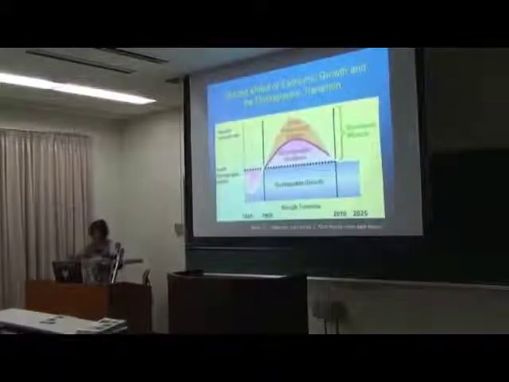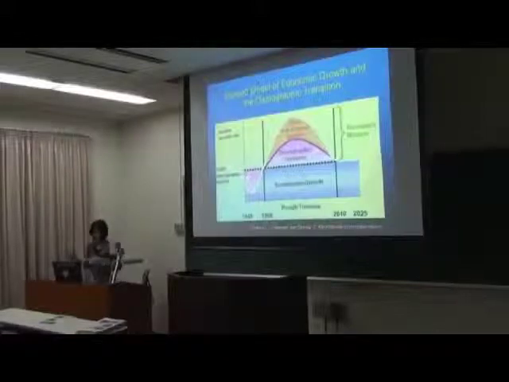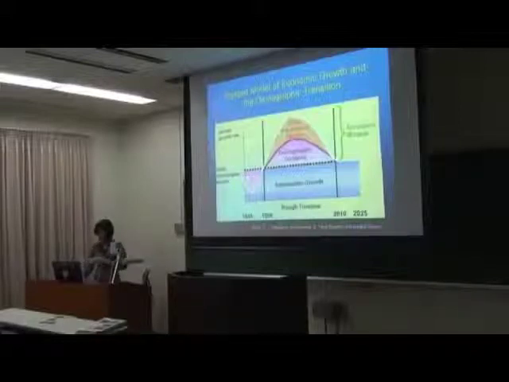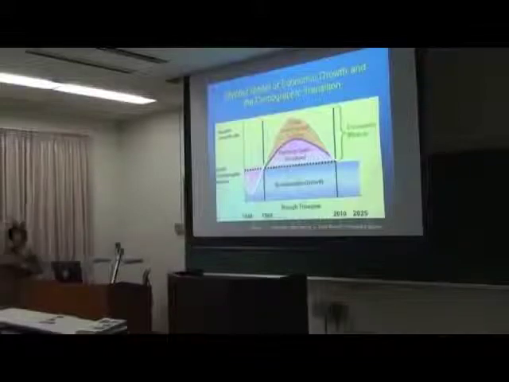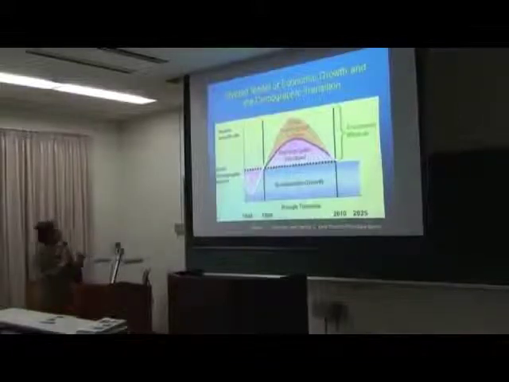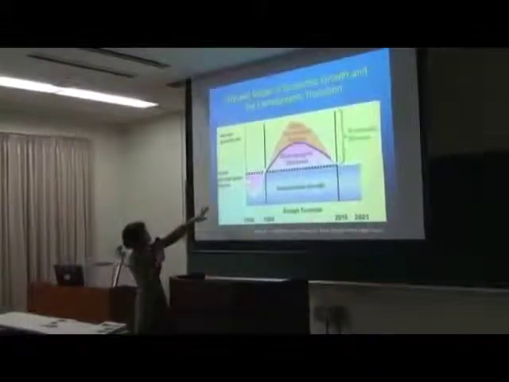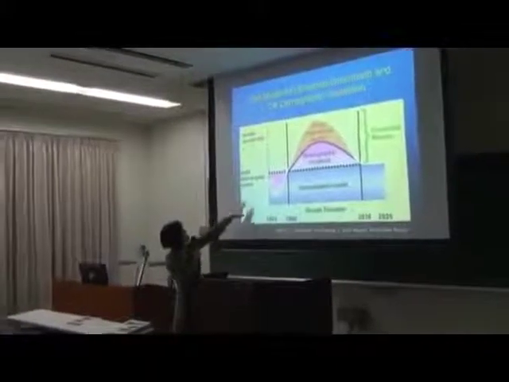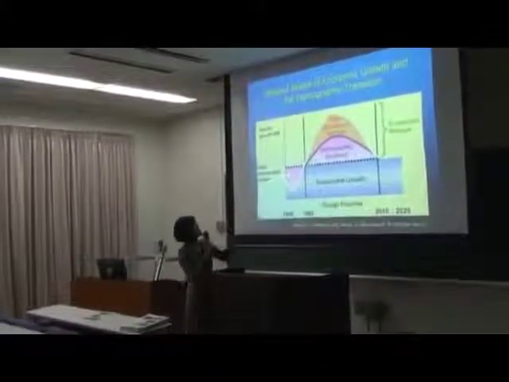This is a stylized model of how it becomes a demographic dividend, an economic miracle. This first part would be a burden.